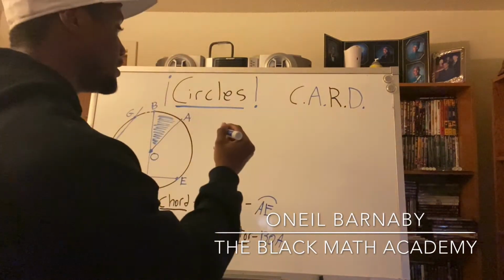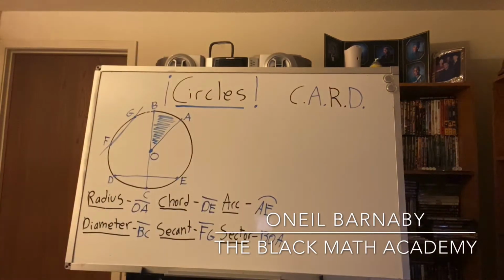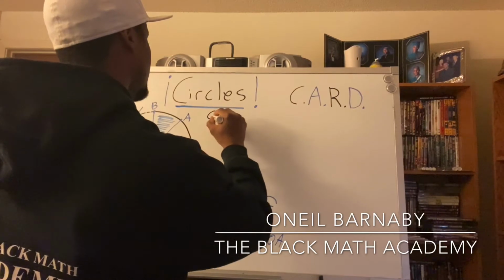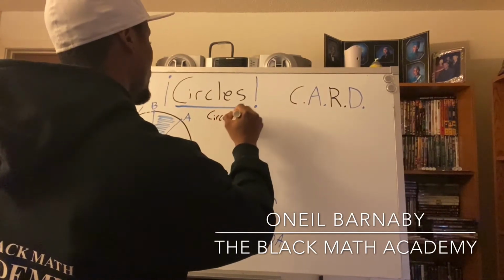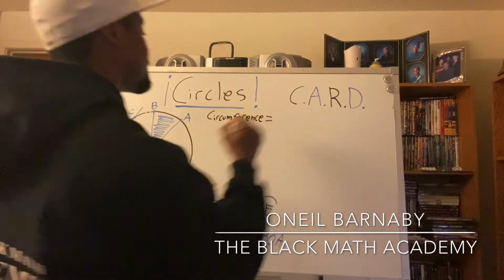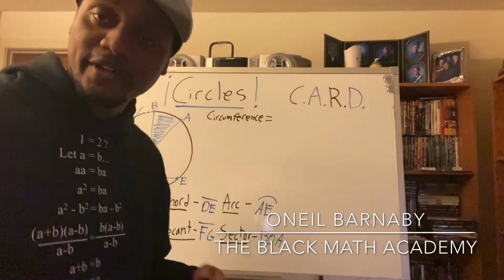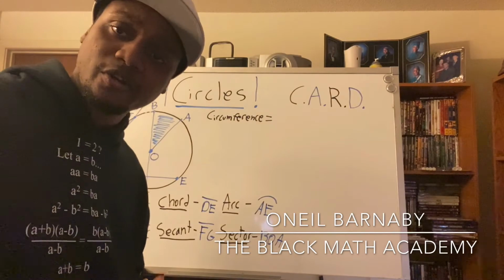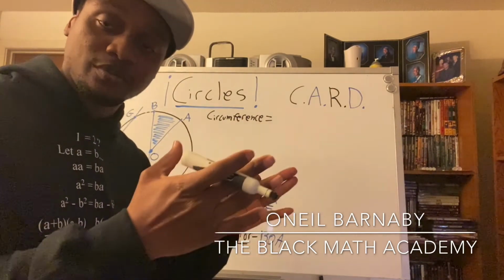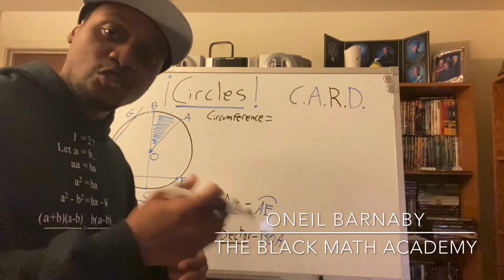So C, let me switch this up. So circumference, right? Its circumference is like the perimeter of a particular shape, but because perimeter pertains to shapes with actual sides, we won't use the phrase perimeter.